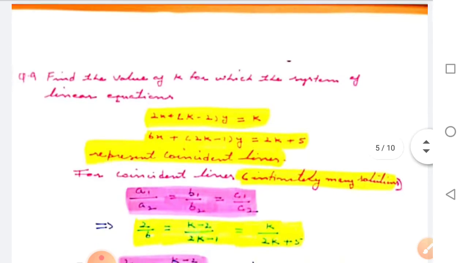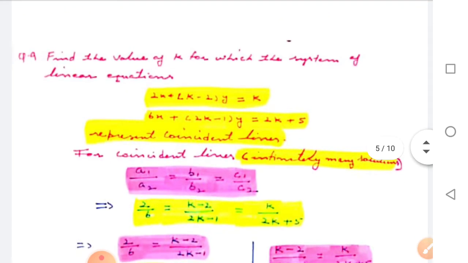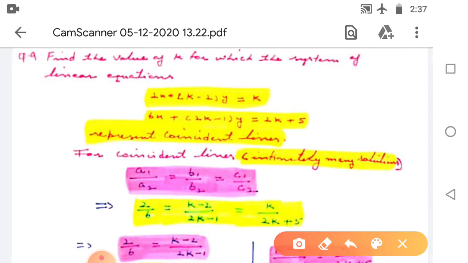So today's question number 9. Okay, fine. Find the value of k for which the system of equations 2x plus (k minus 2) into y is equal to k, and second, 6x plus (2k minus 1) into y is equal to 2k plus 5, represent coincident lines.